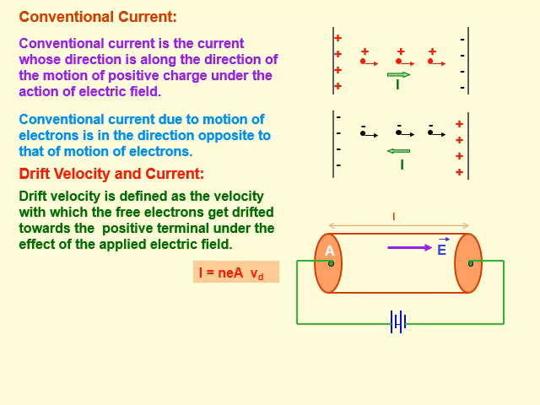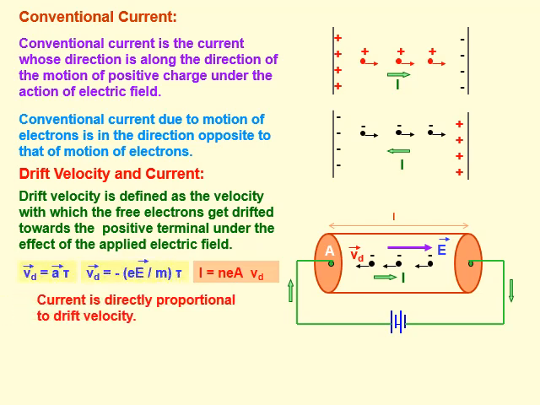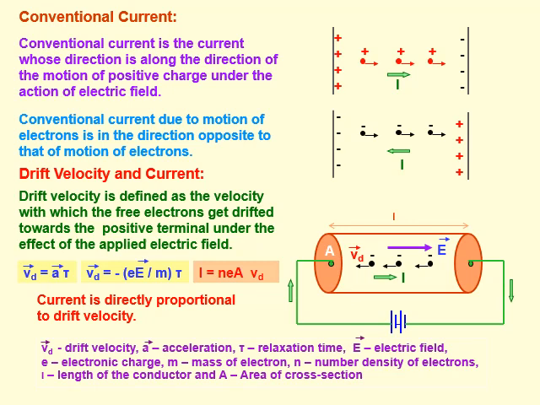You can see that the electric field existing inside the conductor is E. Due to the force exerted by this electric field, the electrons move from the end of the conductor connected to the negative terminal of the battery towards the other end, which is connected to the positive terminal of the battery. The arrows represent the direction of conventional current. Here I am providing a few equations that provide the relation between the quantities under consideration. These relations will be discussed in great detail in the upcoming slides.